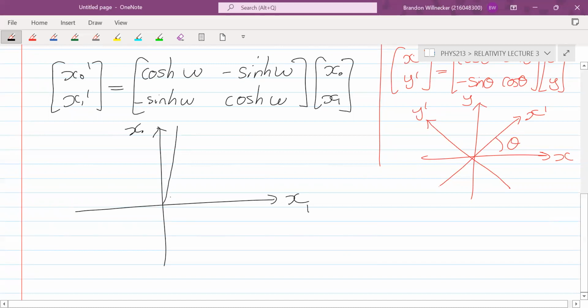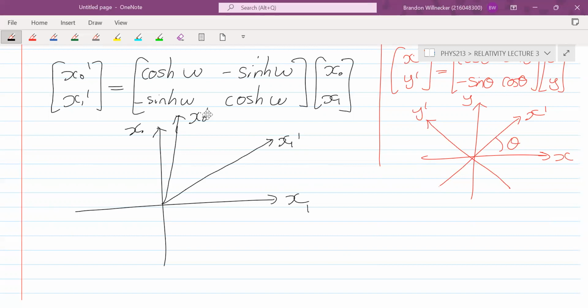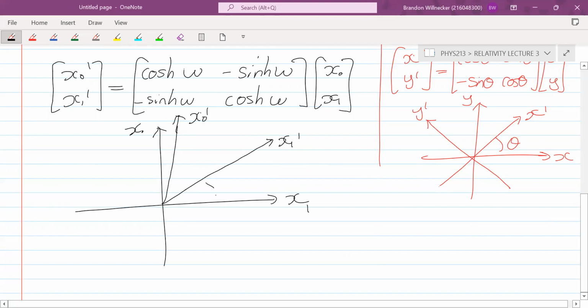Something like that. So it's not your standard rotation, it's more like a squishing and stretching of the axes. It's not just a rigid rotation of the axes. You see that things are getting squashed inside like this.